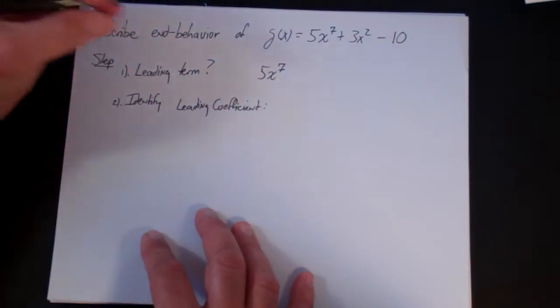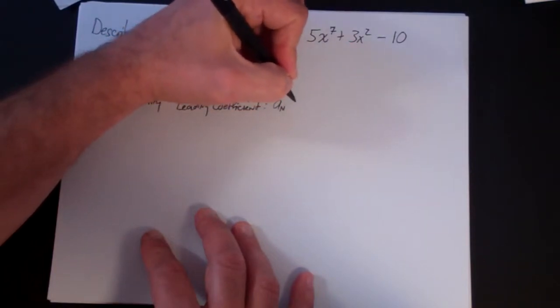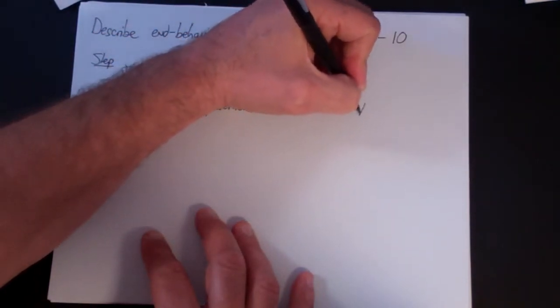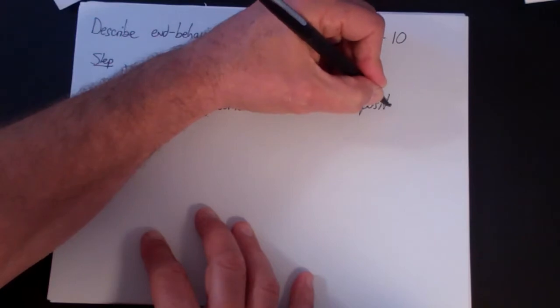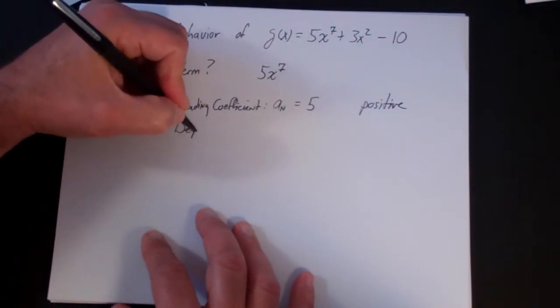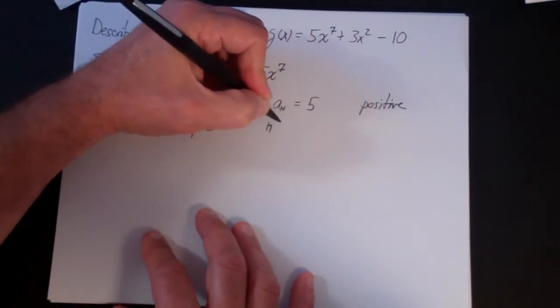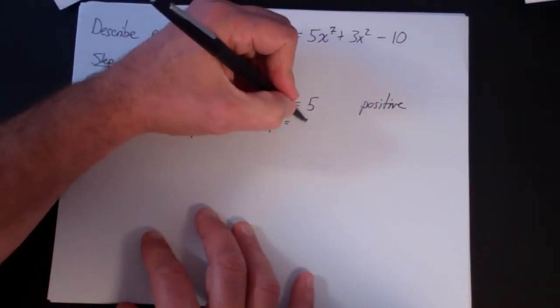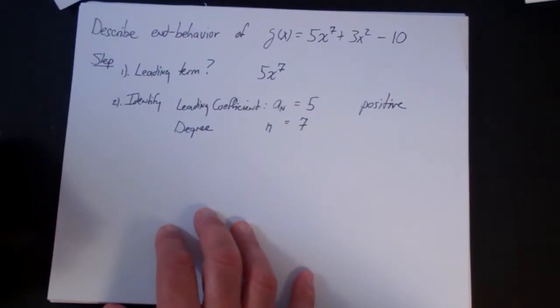And in this case, the leading coefficient, what we also call a sub n, is equal to 5. And the key is whether that's positive or negative, and that's positive. And then we're going to identify the degree, which we call n, and n here is going to be 7. And the key question there, is it even or odd?